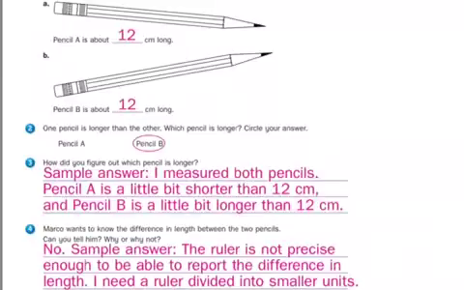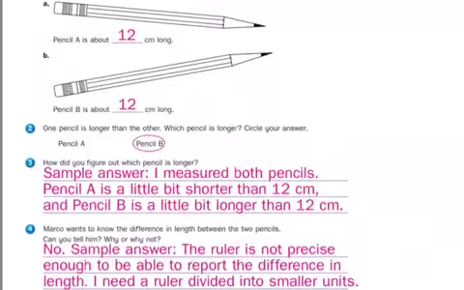Here's what you might have said when you were looking to answer how you knew that B was a little longer. I measured both. Pencil A is a little bit shorter than 12 centimeters, so I rounded to 12 centimeters. And pencil B is a little bit longer than 12 centimeters, so I rounded to 12 centimeters.